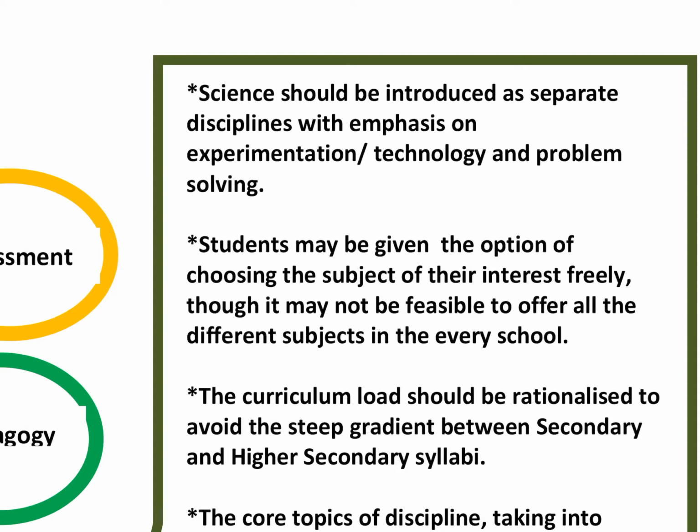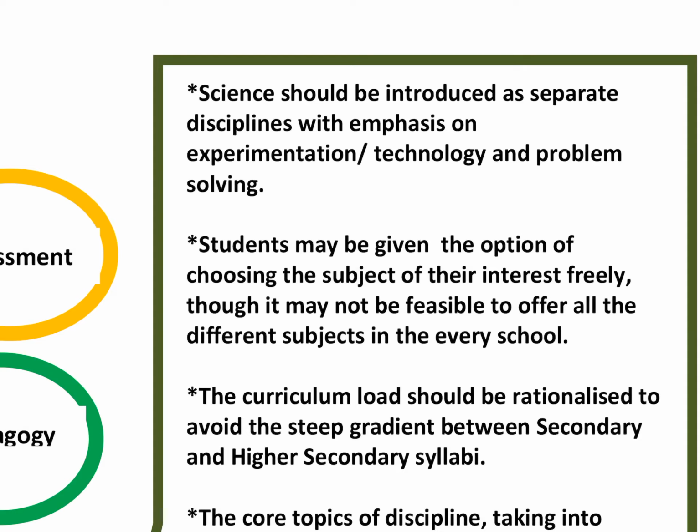The science should be introduced as separate disciplines with emphasis on experimentation and also technology and problem solving. So in class 11-12, science is to be introduced as separate disciplines, means physics becomes separate, chemistry separate, and biology separate. And lots of experimentation and technological and problem solving activities are to be there.